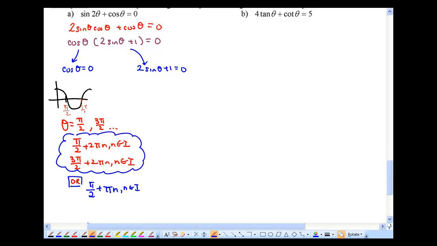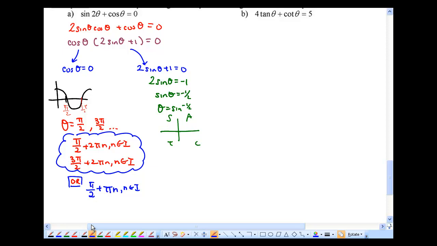All right, the other side, got to solve that too. Don't get too excited, you're not done yet. 2 sine theta equals -1. Sine theta equals -1/2. Doing the inverse of sine of -1/2, what do we get? Half is 30 degrees, but it's negative. Once again, quadrants 3 and 4.